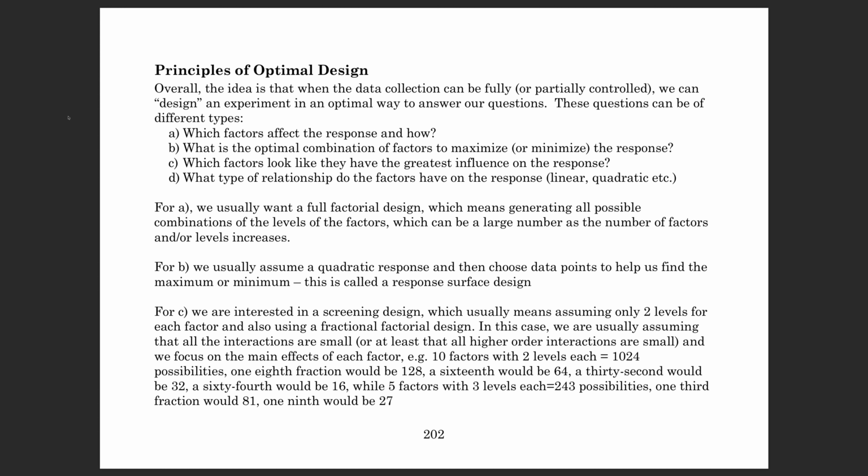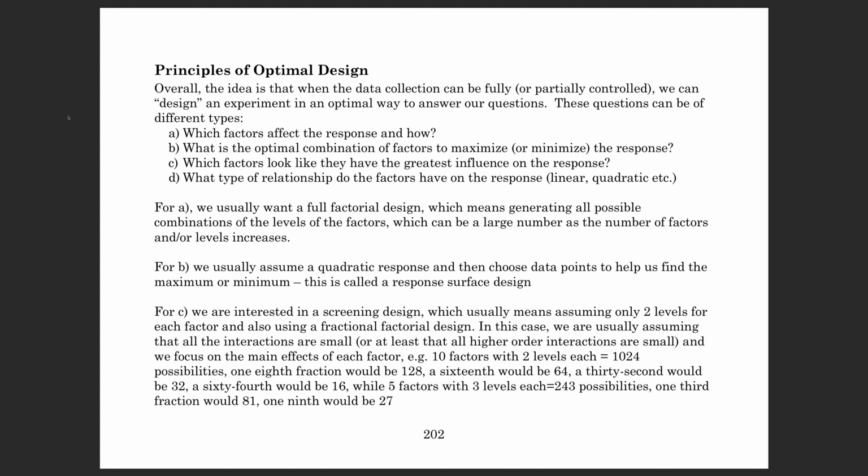So for B, where we're trying to find the optimal combination to maximize or minimize, we usually assume a quadratic response, and then we want to choose the data points to help us find that either maximum or minimum point.